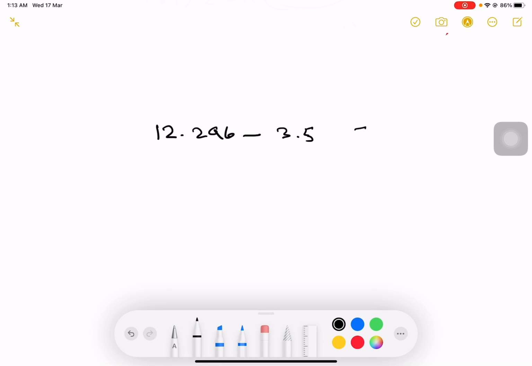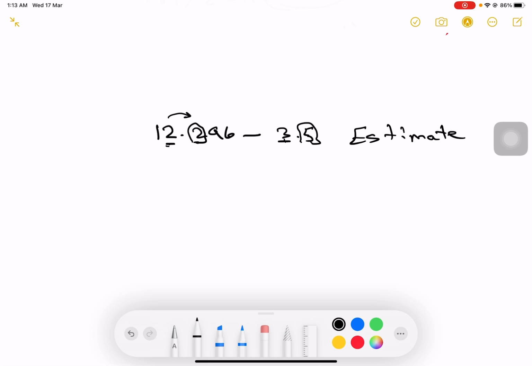They said estimate. Estimate means rounding. Underline the 2, circle this. Underline the 3, circle the 5. We ask the 2, are you going to stay the same or become bigger? The 2 says, look at the digit that is after it. It is 2, less than 5. So the 12 will stay 12. Here, the 5 will give 1 to the 3, and it becomes 4.